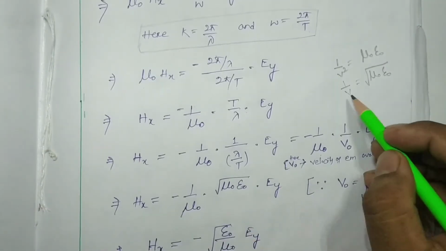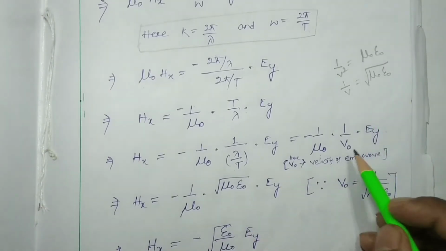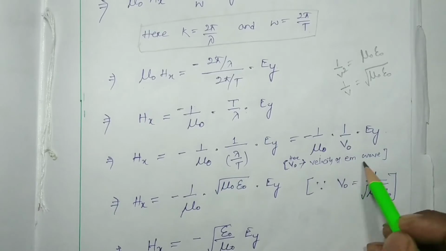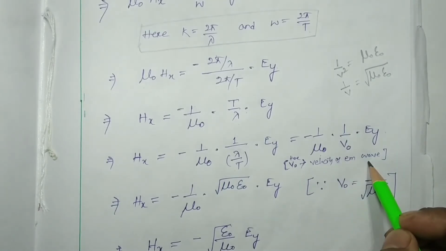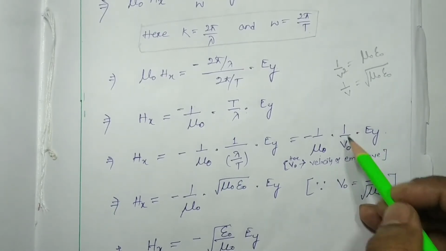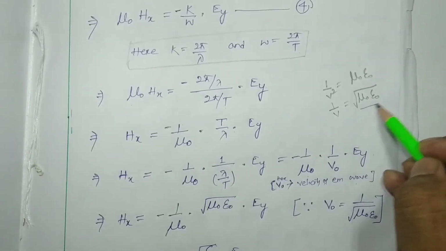So here, instead of v, we have considered that v0 is the velocity of the electromagnetic wave. Hence, instead of 1 by v0 we can write root over mu 0 epsilon 0.